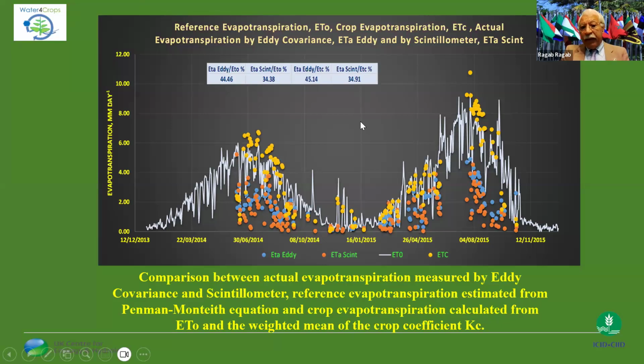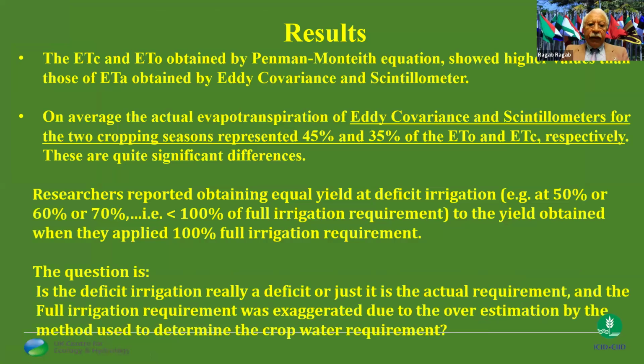So that's quite a big difference between the actual evapotranspiration measured directly by the Eddy Covariance and scintillometer and that calculated by the modified Penman-Monteith. So the Penman-Monteith equation showed higher values than those obtained by Eddy Covariance and scintillometer. And we could see there is 45%, 35% of these values.